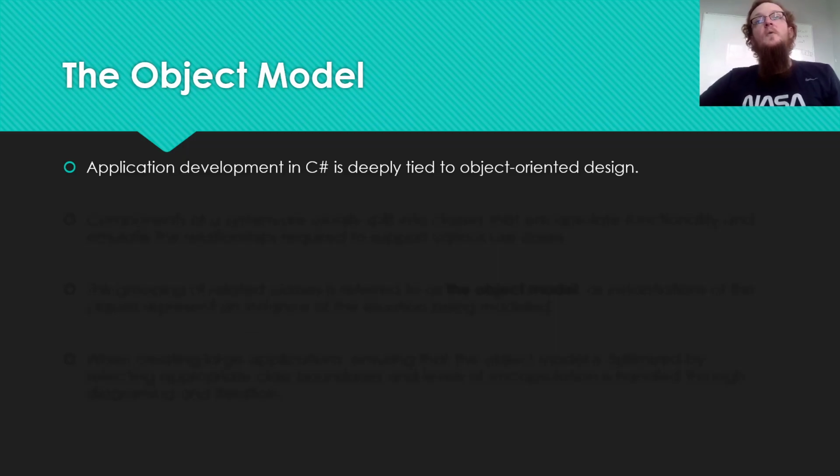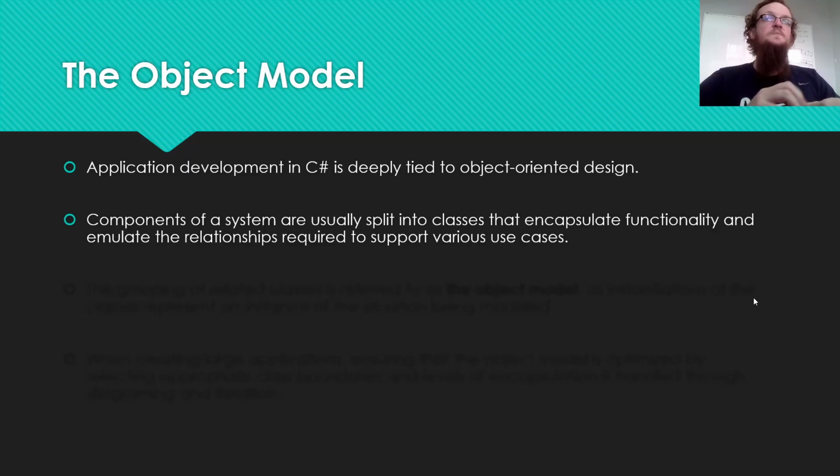So what you get at the end of the day is that C# itself, and the design and the implementation of applications inside of C#, is so intricately, or inextricably, linked to object orientation that you can't really get away from object orientation when you're trying to build a C# application.